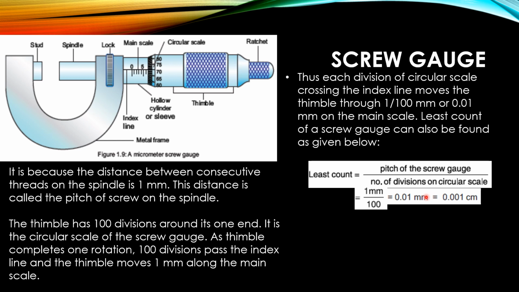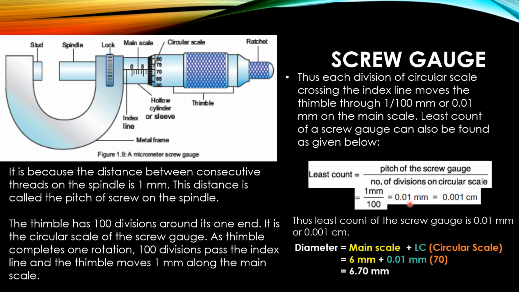As we take the reading in millimeters with the help of the screw gauge, we will use this accuracy to measure any quantity with it. Now I will tell you the steps to find out the thickness or the diameter of any object using a screw gauge. First of all, we will find out the main scale reading.